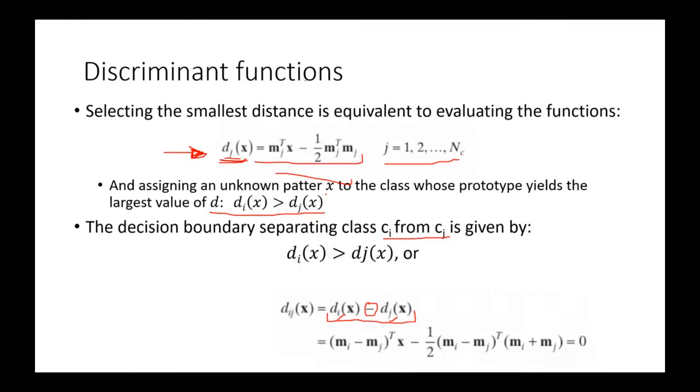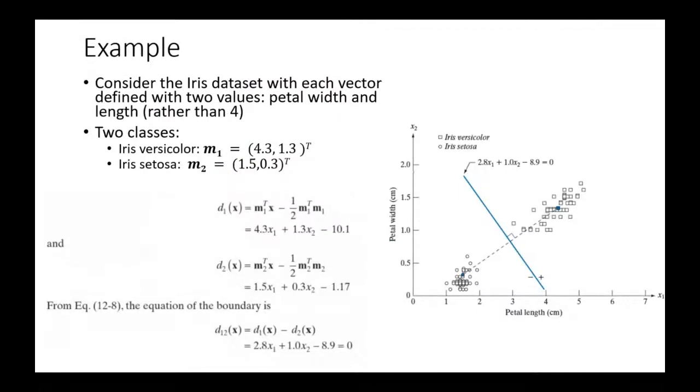If I substitute these equations here, they are going to have equal distances if this equation here is equal to 0. So we want to solve this equation. When we solve that, what we find is exactly this line here separating the two classes.